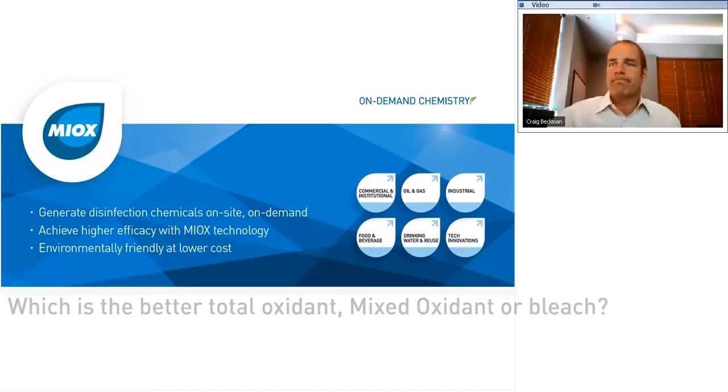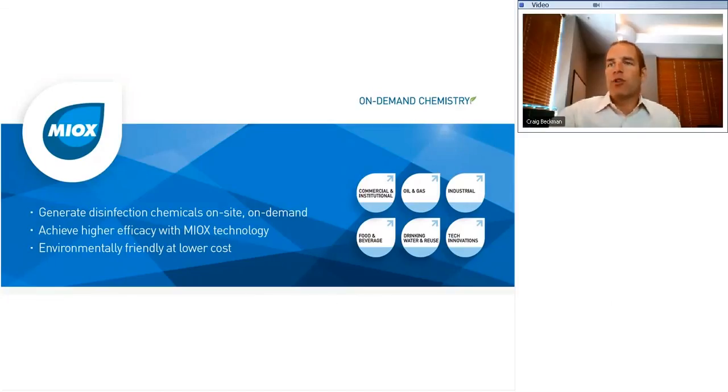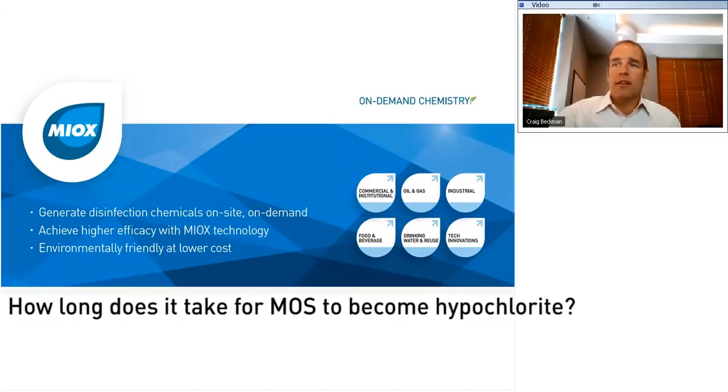I got a question for how long does it take for the mixed oxidant to degrade back into standard sodium hypochlorite? That's actually very temperature dependent, but what we'll recommend to our customers is somewhere in the 30 to 40 hour time frame. And so again, it goes back to design of the system.